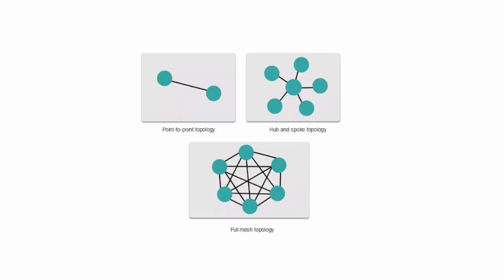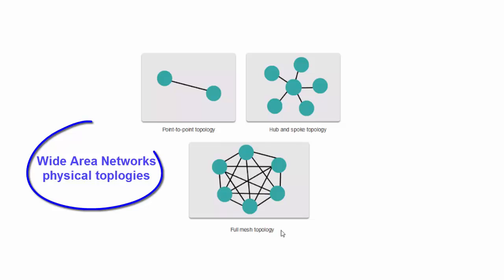So with that said, there are the WAN topologies, and there are the LAN topologies. There are common types of topologies that are used within a wide area network, and there are some topologies that are used commonly by LAN networks.